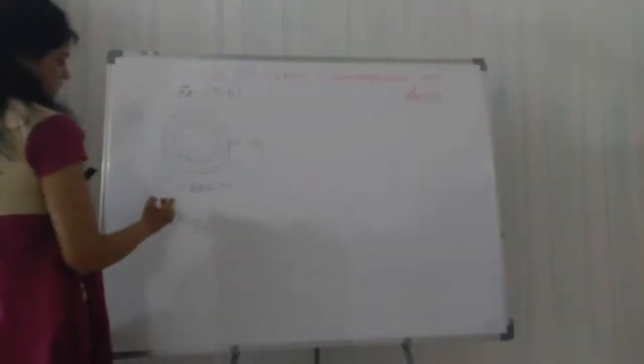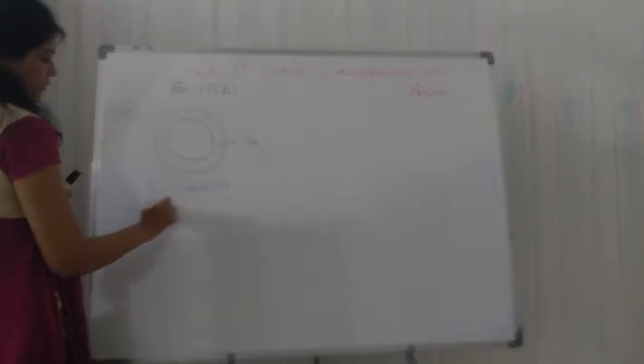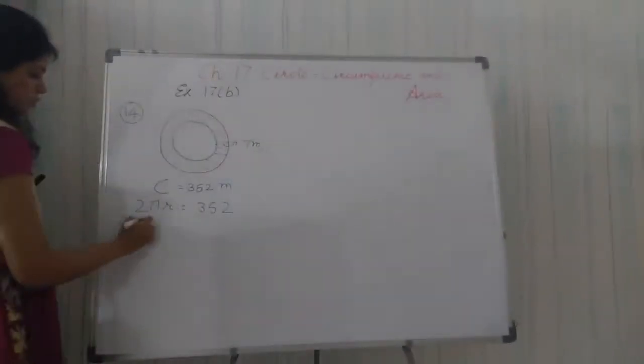So first of all, using our circumference formula, I get my radius. So 2 into 22 by 7 multiplied by r, the value we want to find out. So r is equal to 352 into 7 divided by 2 into 22. So I cancel it by 2. 2 1s are 2, 2 7s are 14, 2 6s are 12.